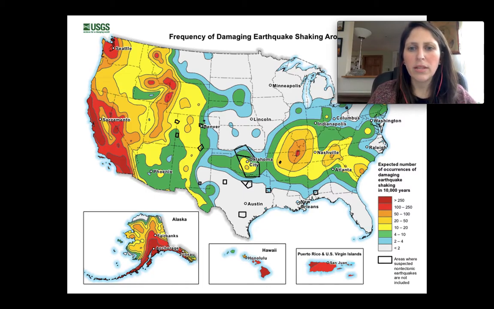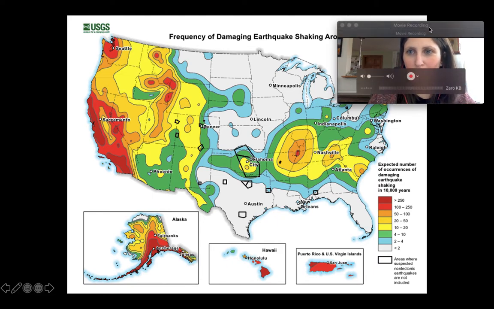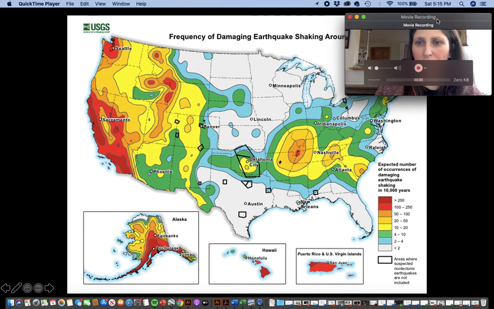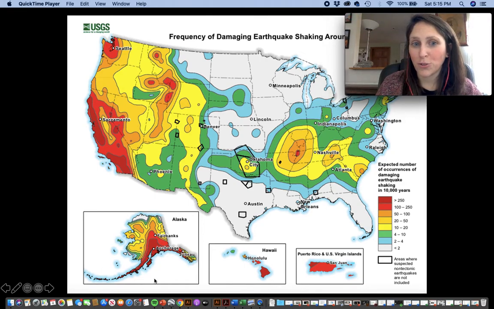Okay, so let's look at earthquakes in the United States. We all know that we have one plate boundary on one part of our country, and as we all know, that's going to be our west coast, right? So our west coast is experiencing some plate tectonic motion.